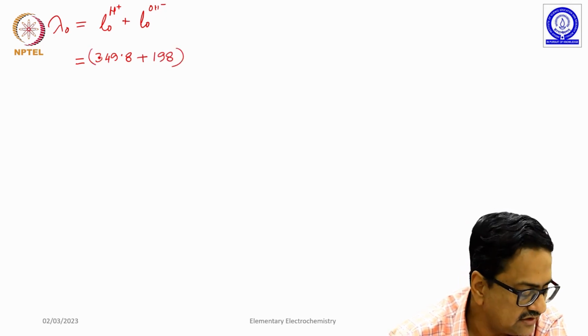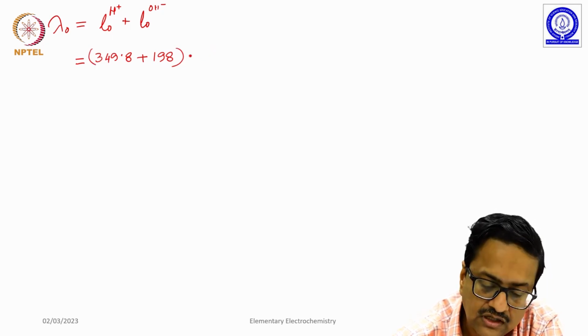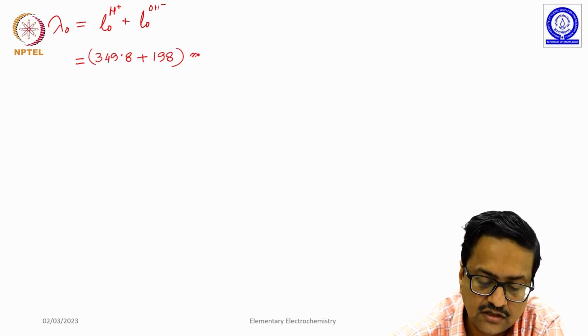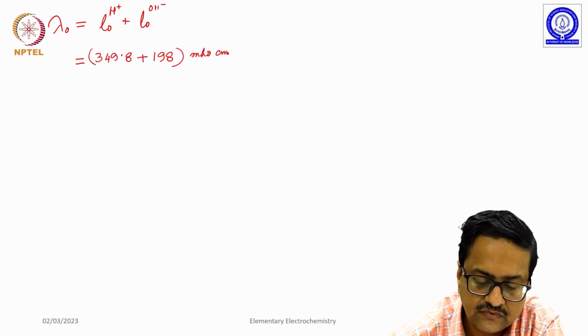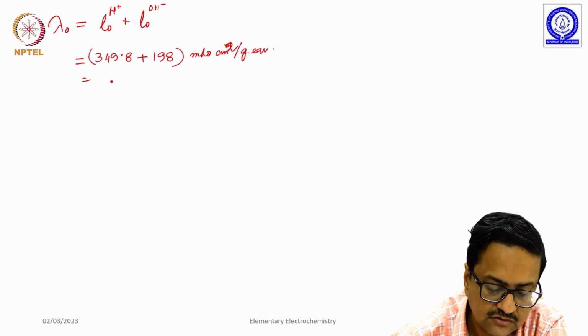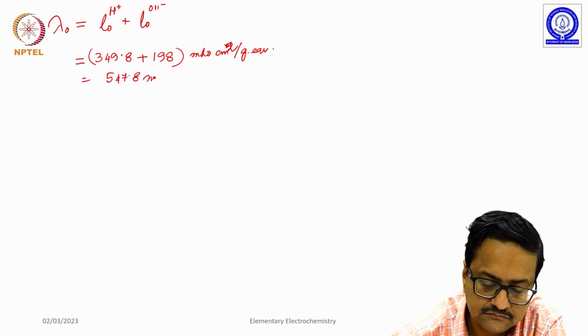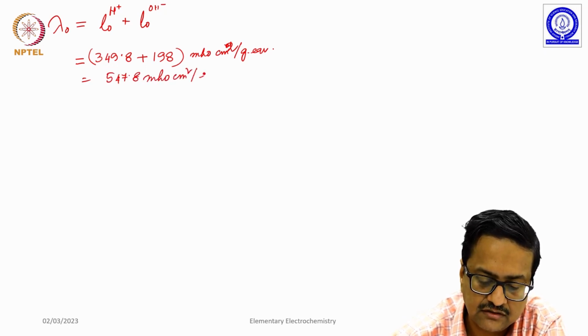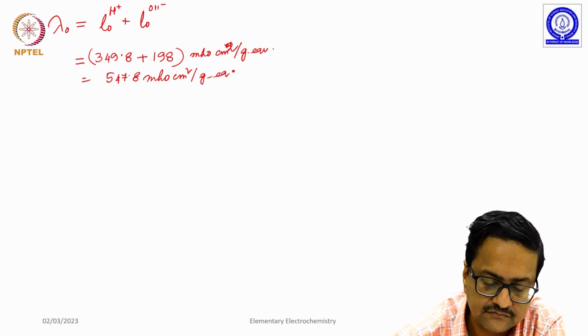So, when you add these two, of course, the unit is mho centimeter square per gram equivalent, which is equal to 547.8 mho centimeter square per gram equivalent.